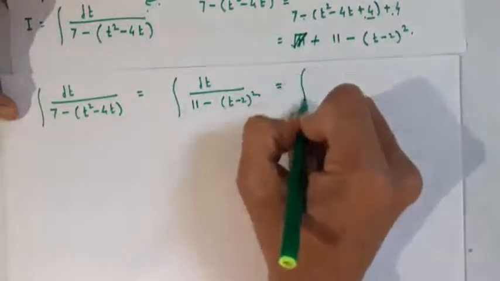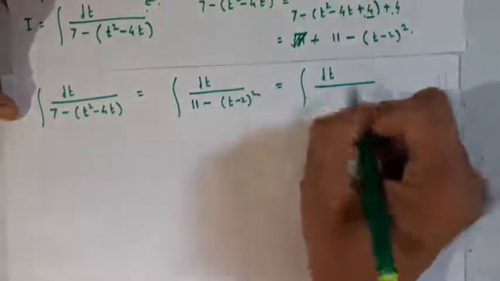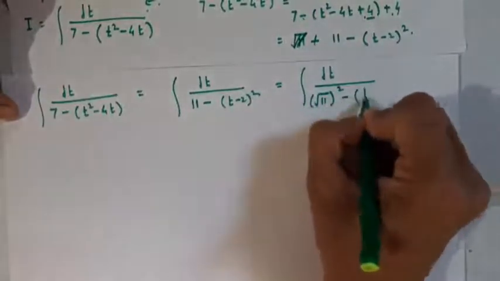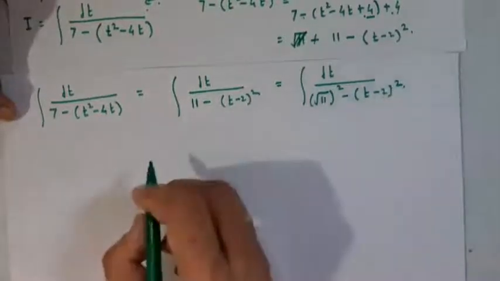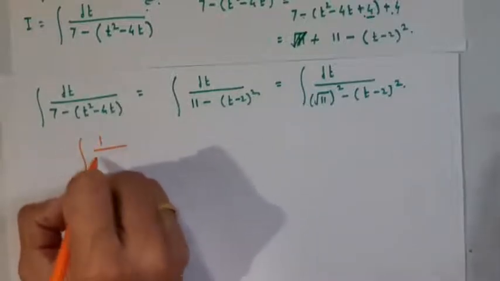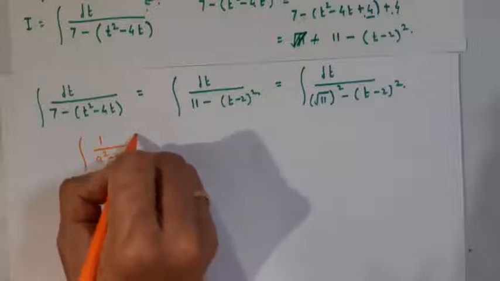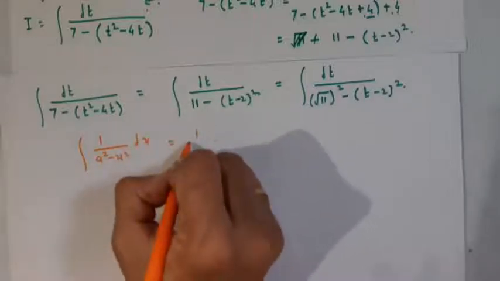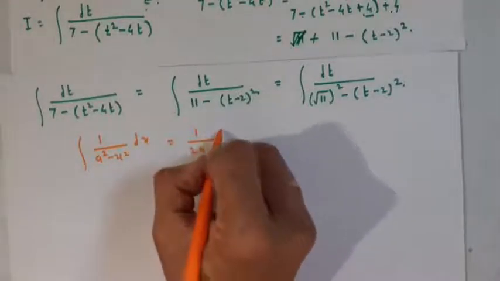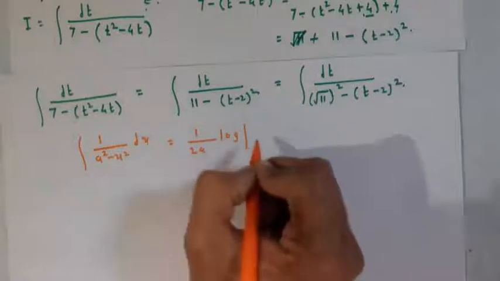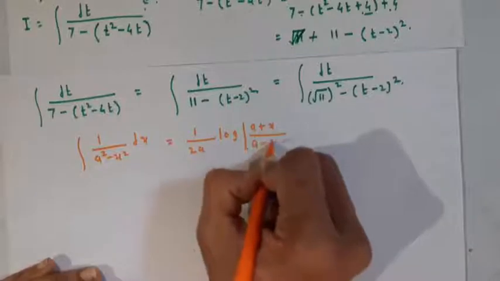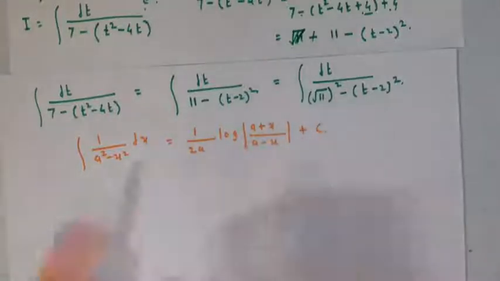We can also write this by the special integral formula as square root of 11 whole square minus t minus 2 whole square. This is of the form integration of 1 upon a square minus x square with respect to x, and its integration is 1 upon 2a log of a plus x upon a minus x, plus constant of integration c.